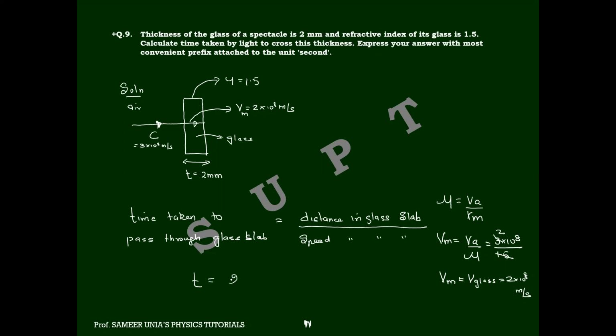How much is the distance in glass slab? 2 mm. Speed in glass slab is 2 into 10 raised to 8. This and this will cancel, and the 8 going up gives 10 raised to minus 11 seconds.